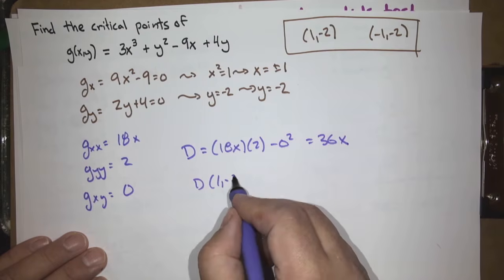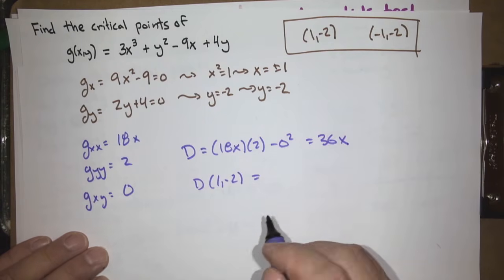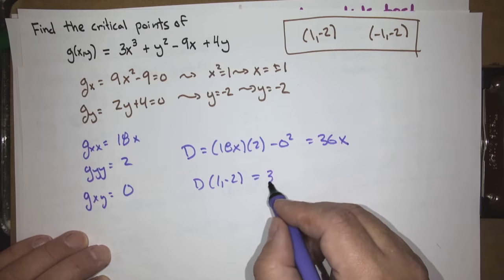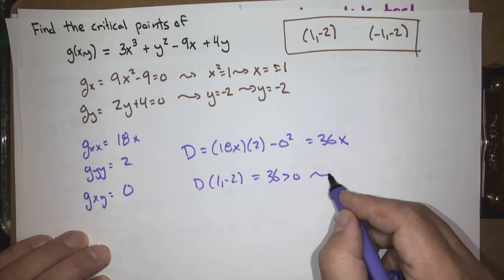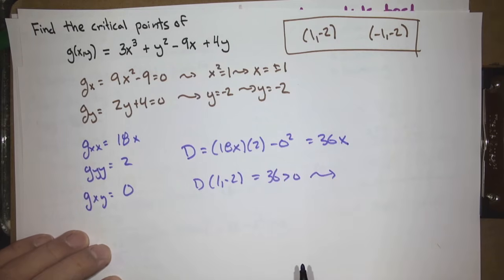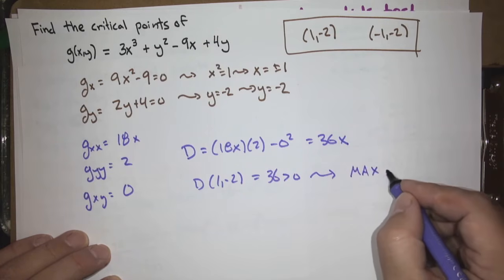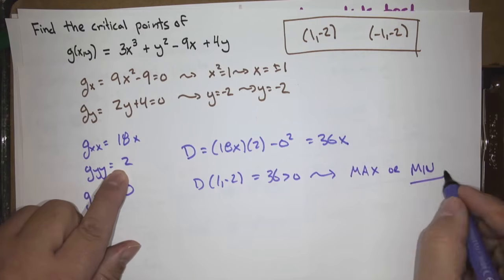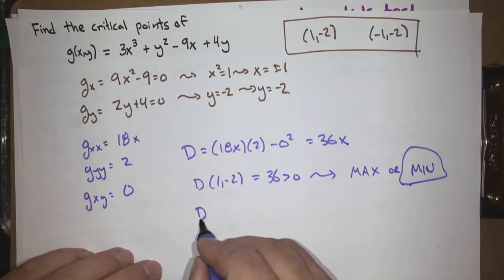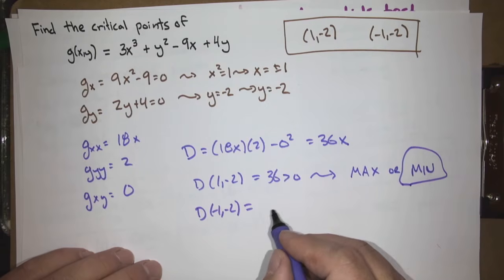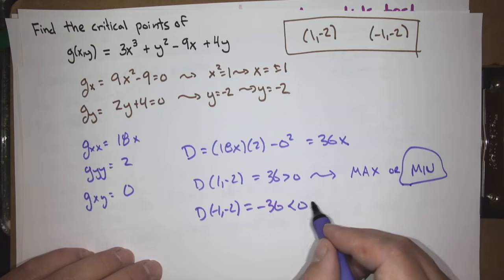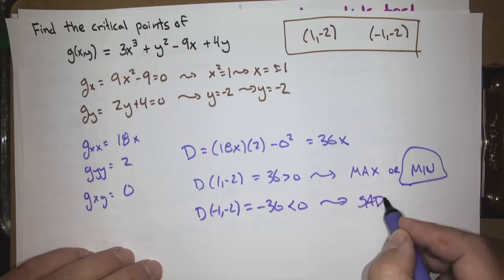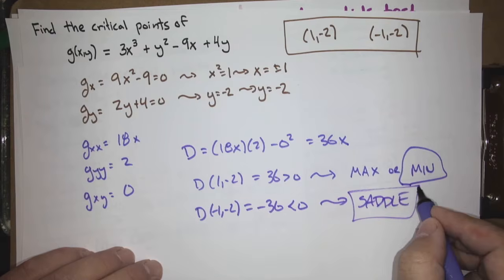D at 1, negative 2 is what? 36, which is positive. Aha! So what does that tell you? It's a max or a min. So now the question is, which one is it? gyy is positive, so we are min. D of negative 1, negative 2: negative 36. Negative, saddle. And that's the process. All right.